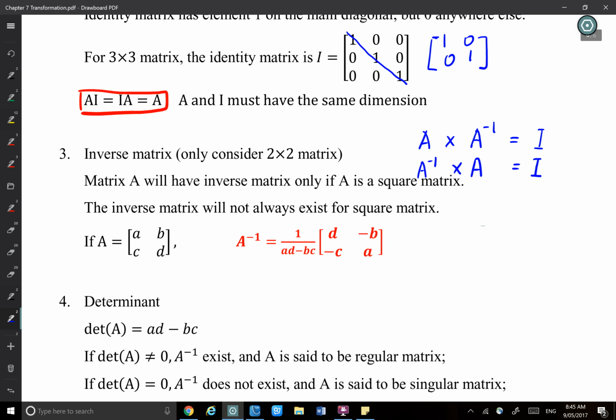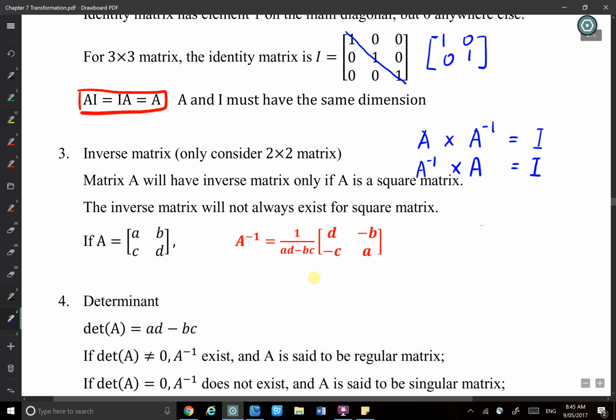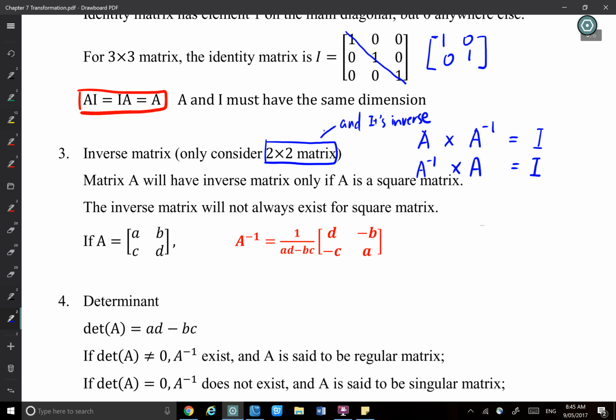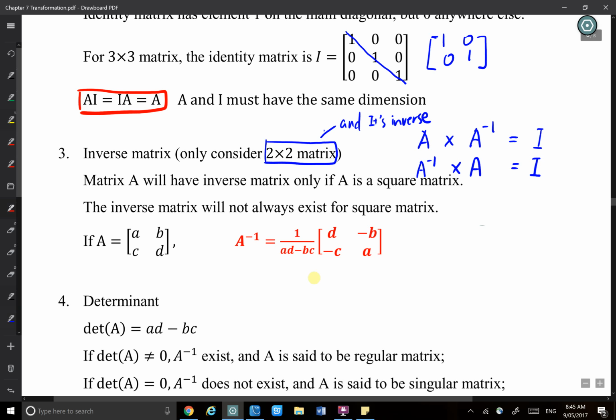Okay. For inverse matrix in high school, we only think about 2 times 2 matrix and its inverse. We don't really find inverse for 3 times 3 matrix. And another thing you must remember is A will have an inverse only if A is a square matrix.